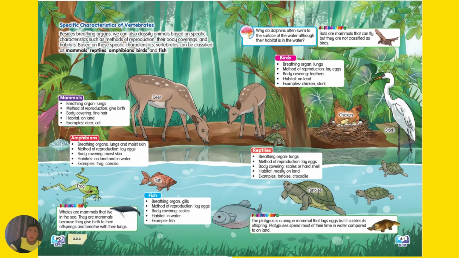Okay, ayam ke, burung ke, semua organ pernafasan adalah paru-paru. Method of reproduction, of course, lay eggs. Okay, body covering, what? Feathers. Okay, it has feathers. And the habitat on land lah. Kan birds all will live on the land. And then example is chicken and stork.